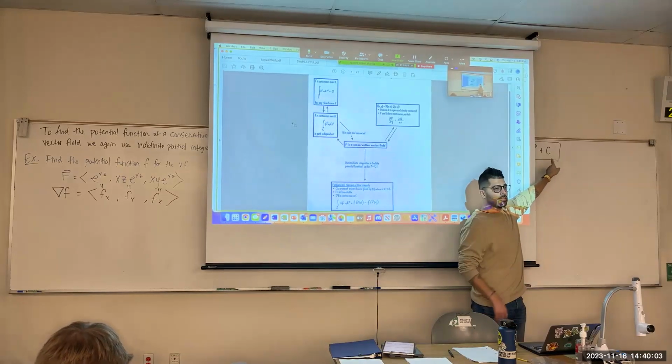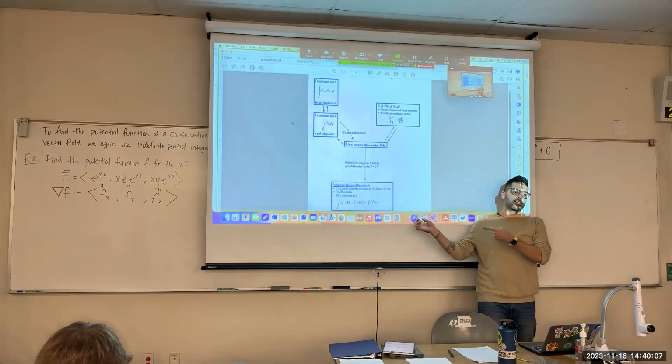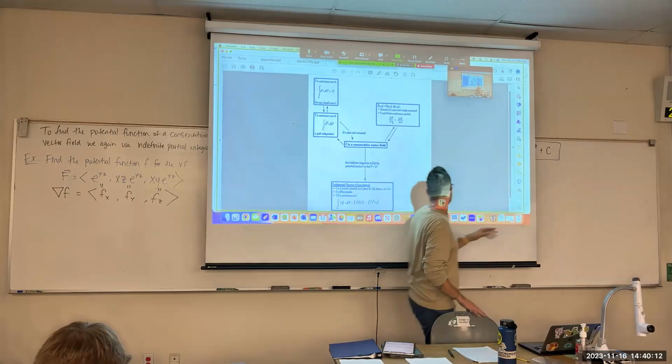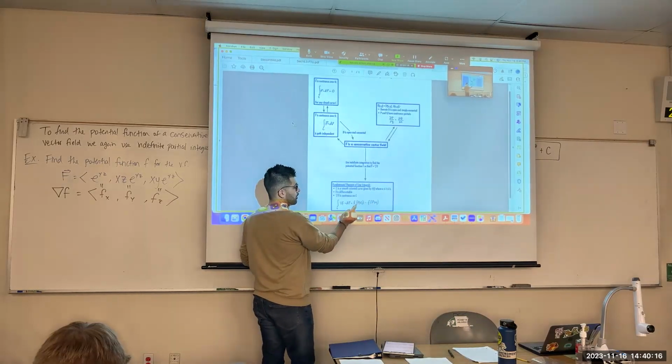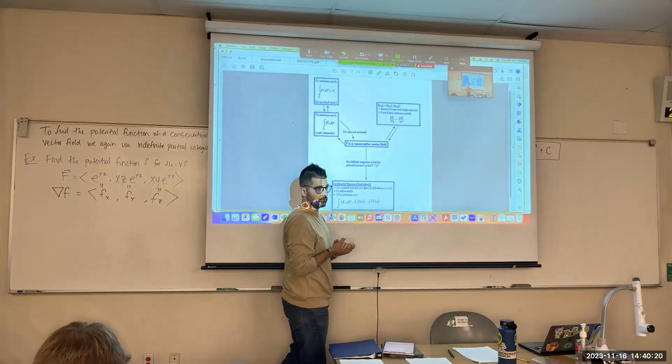You can avoid doing a line integral entirely, and instead just get the potential function and plug in the endpoints.